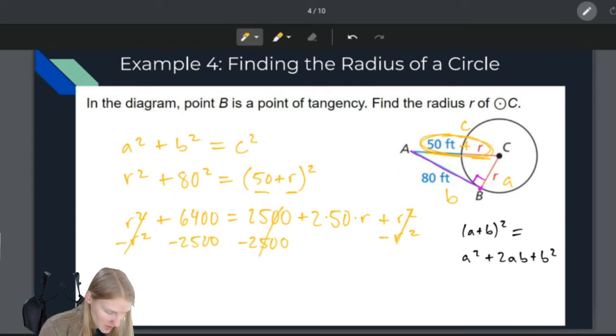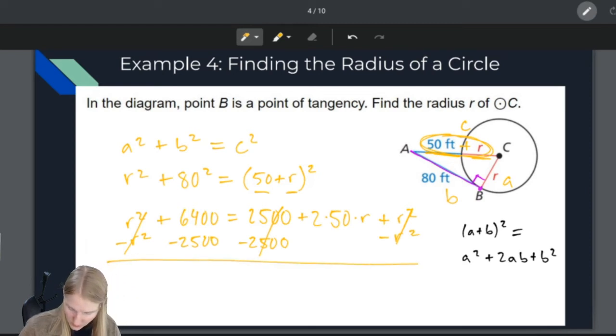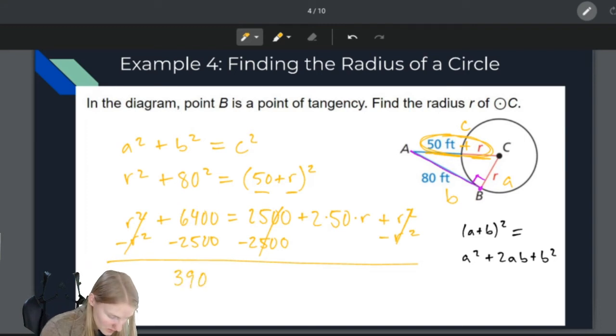2,500 from both sides. And now we have, what's 6,400 minus 2,500 is 3,900, which equals 100R. That's the 2 times 50 times R. So now let's divide both sides by 100.